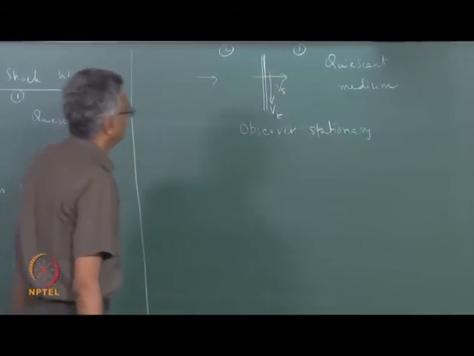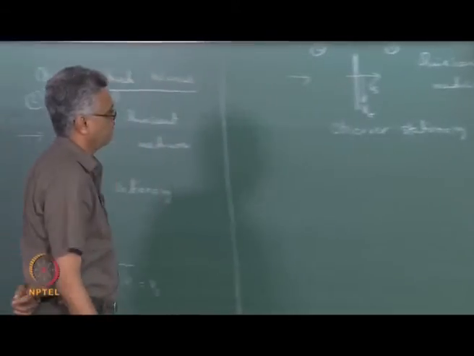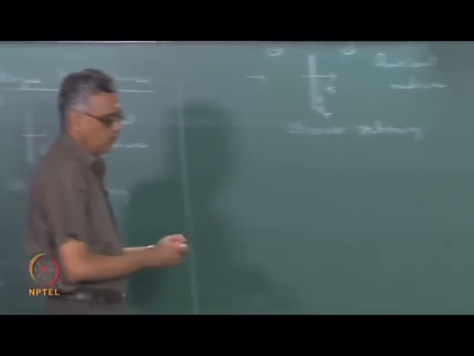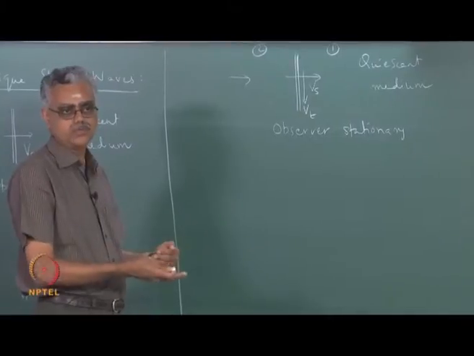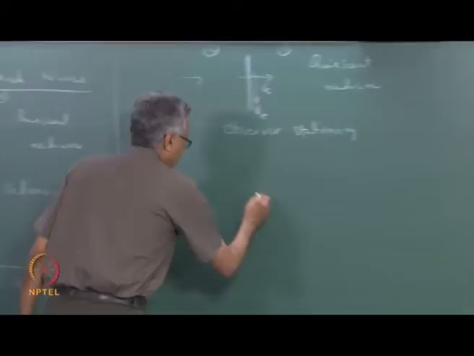Now, when we go to this frame of reference where the observer is moving in this manner, I see that the velocity of the fluid approaching me has two components, one component in one direction, another which is normal to this. So, let me draw the shock wave.